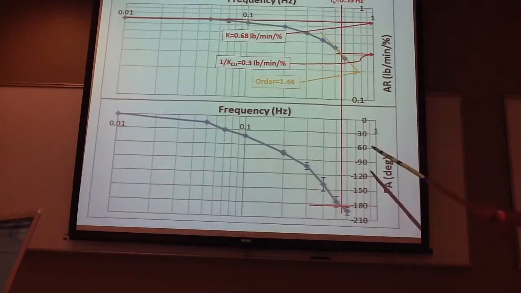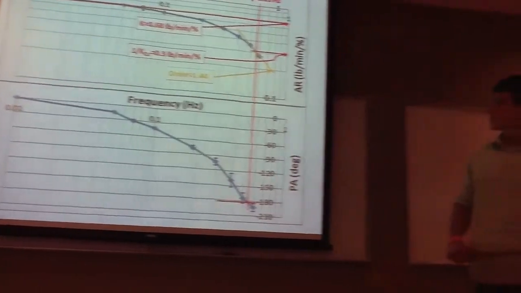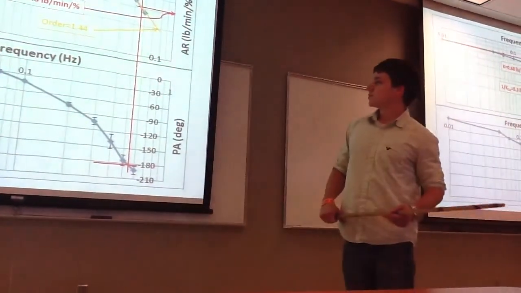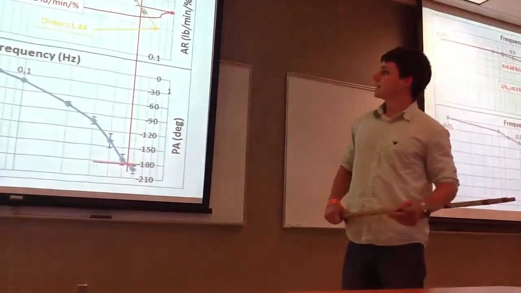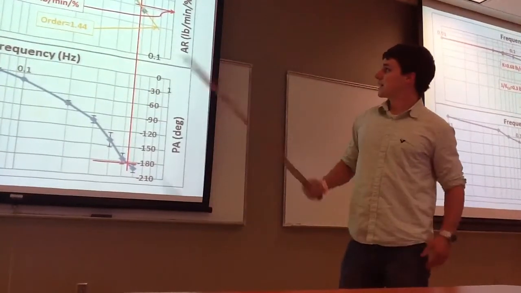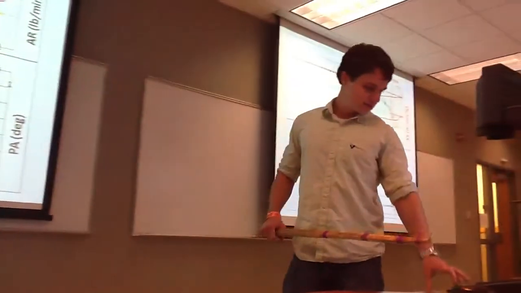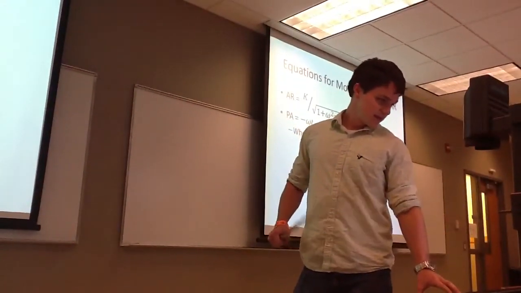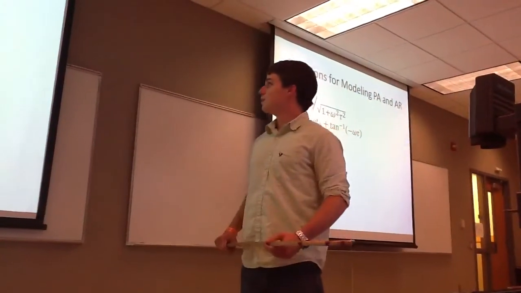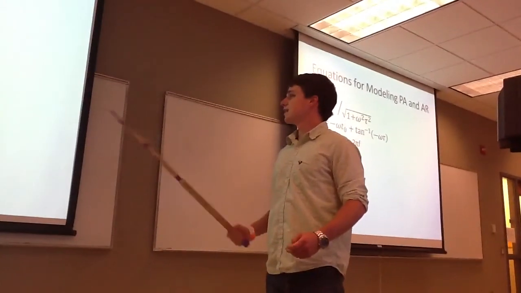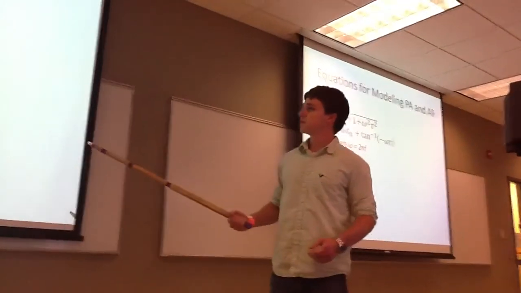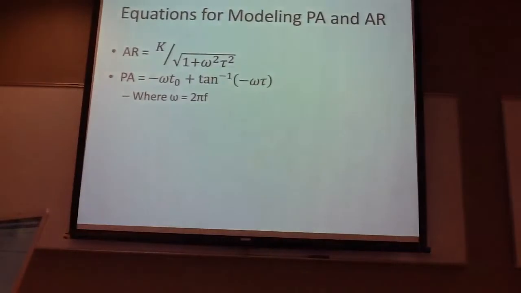The 1 over KCU is 0.3, which will give you 3% per pound per minute, and then the gain of the system was 0.68. For modeling the phase angle and the AR, these are the equations that we used, where omega is 2 pi times our frequency, which is what we inputted.